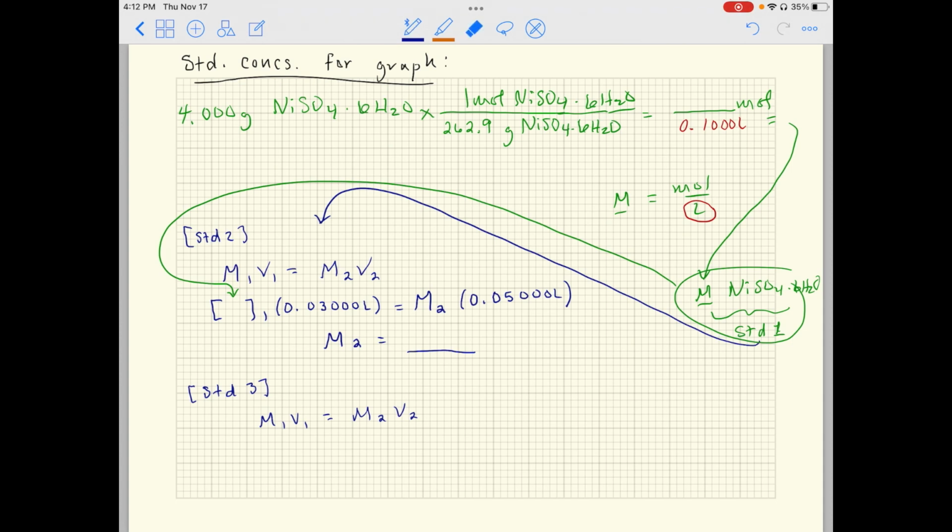In fact, I'll go ahead and change it just to stay consistent, and we're going to do M1 V1 equals M3 V3 because you're going to use your concentration from standard 1 again. So you would plug that value back in here.